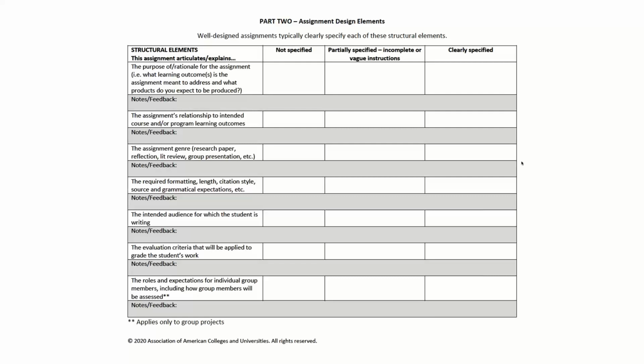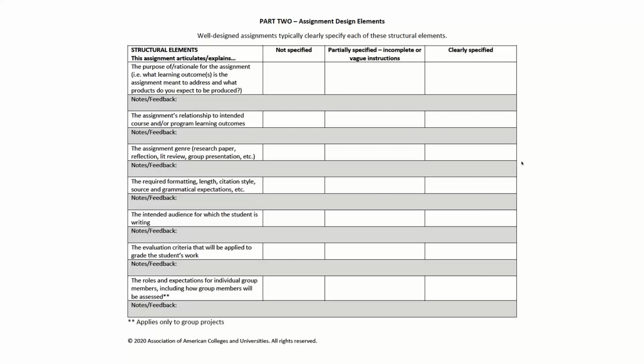And you can see that there are three different areas here, for each column, each row. If you were reviewing a peer's assignment or an assignment you used last semester, you might go, oh yeah, this wasn't specified, or this is kind of vague. Here's an opportunity for improvement. Or, I did a good job here. This is clearly specified. So there's also a place in the gray boxes for you to leave feedback, either for yourself or for a peer.